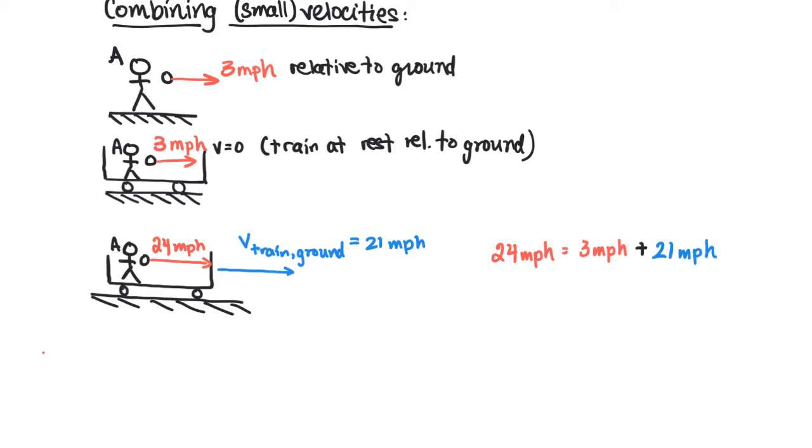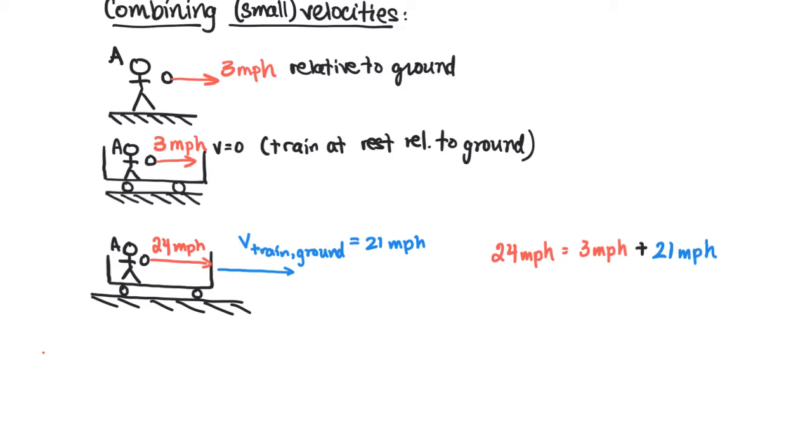We're going to introduce a notation that allows us to generalize this idea. And you'll notice that I've already written v with a subscript train comma ground when describing the velocity of the train relative to the ground. And we're going to keep that notation where we have two subscripts, the first being the subscript of the object and the second of the reference frame.